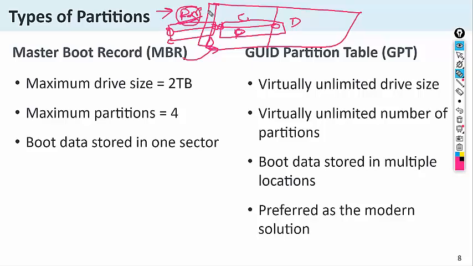This information is written in a table. Based on the table there are two types of partitions: one is MBR, another is GPT.